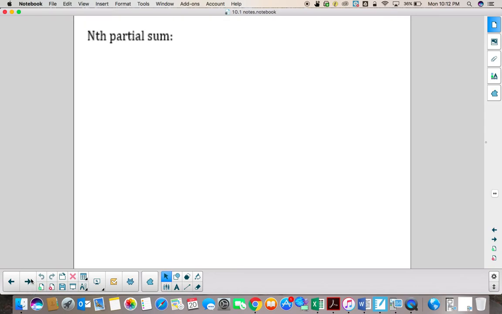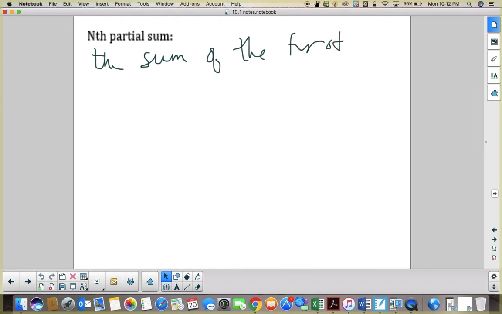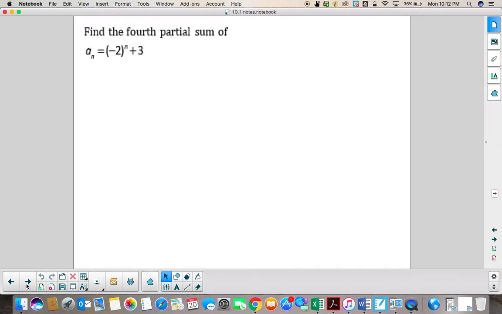If we've got the nth partial sum, then that means we are finding the sum of the first n terms of a sequence. Okay, so here's our first one that we're going to work with.